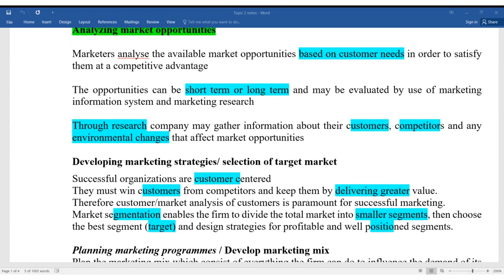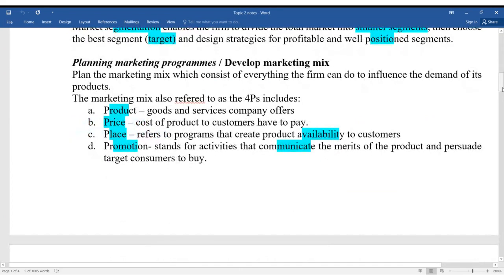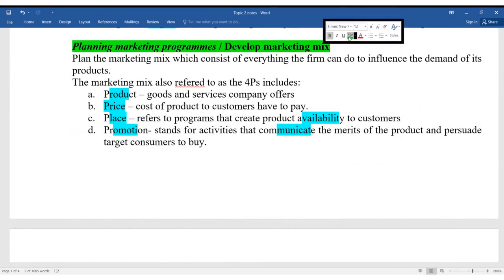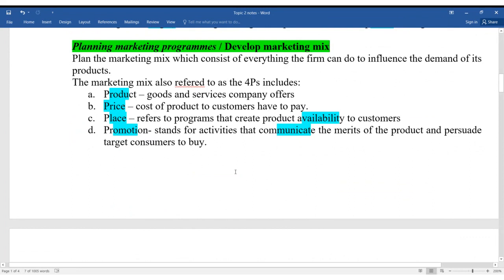Marketing mix are those four major elements of marketing, and they normally allow businesses to be able to achieve or to grow or to communicate to their customers with the value that they want to give those customers.